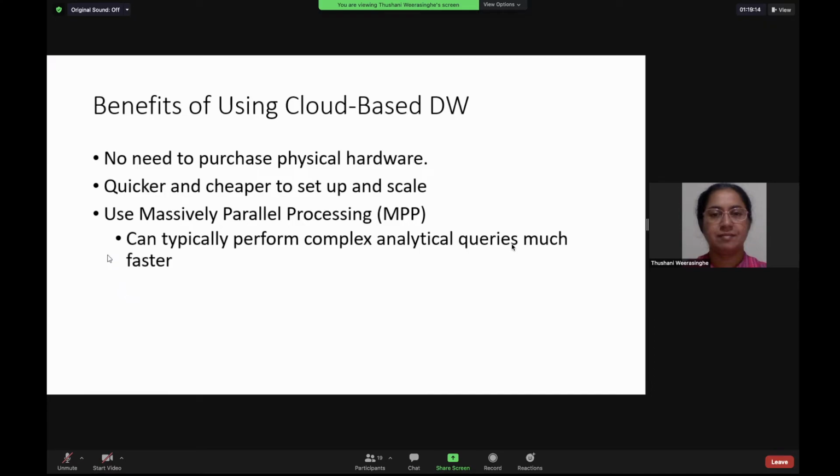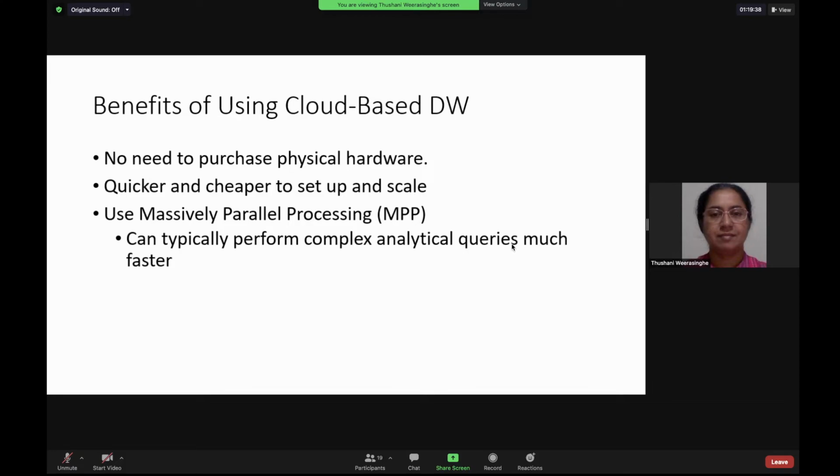Anyway, these systems support massive parallel processing. That means you can carry out processes in parallel on different systems and platforms, because you might have a large number of data marts and data warehouses, even before coming to the centralized data warehouse.